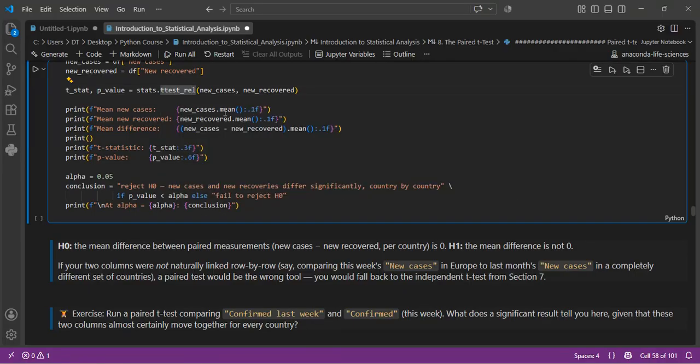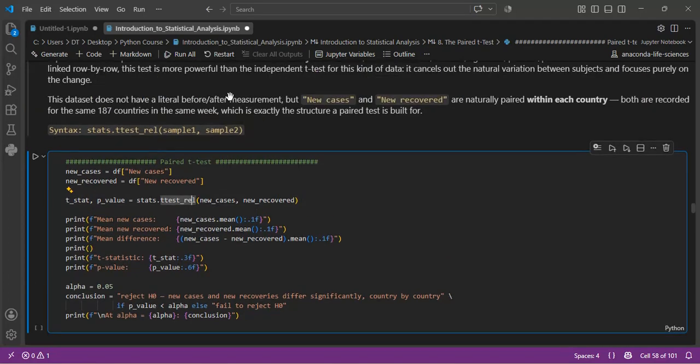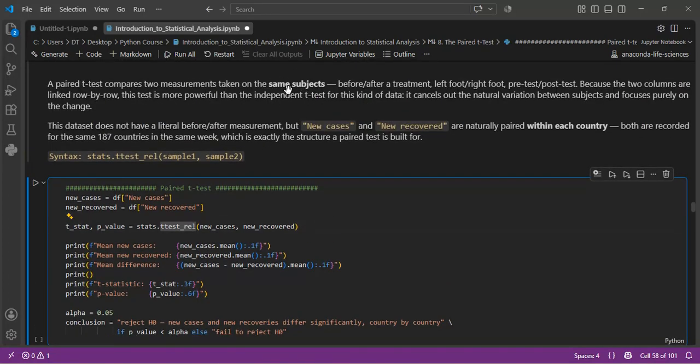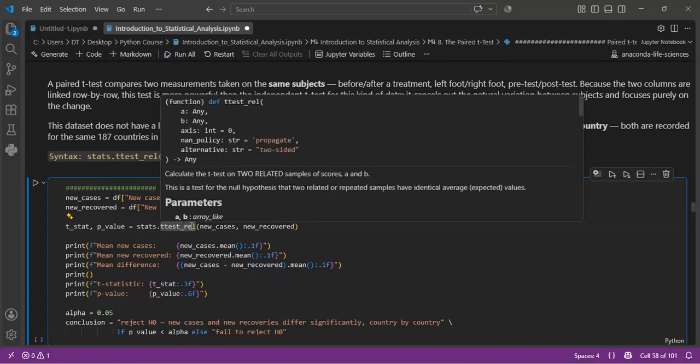So you know that I was initially saying that this particular paired test is performed on the same object. So this is just a function that was created to implement the calculation. The one who implemented it called it t-test rel. The name is just to tell you that it's a t-test on two related samples. As I hover over it, I can see that it is a function.